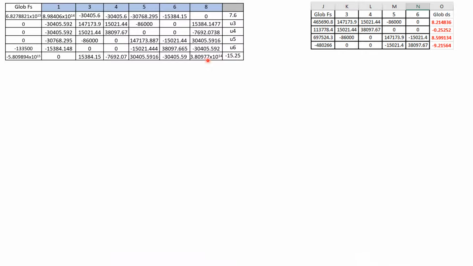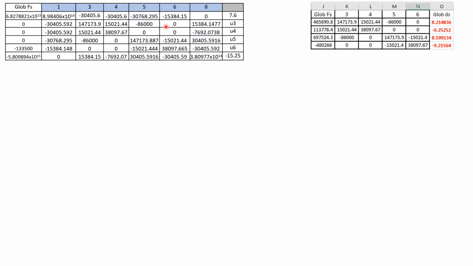Then the force value is multiplied further by the specified displacement of negative 15.25. So this cell value times negative 15.25 becomes negative 5.809894 times 10 to the 15.